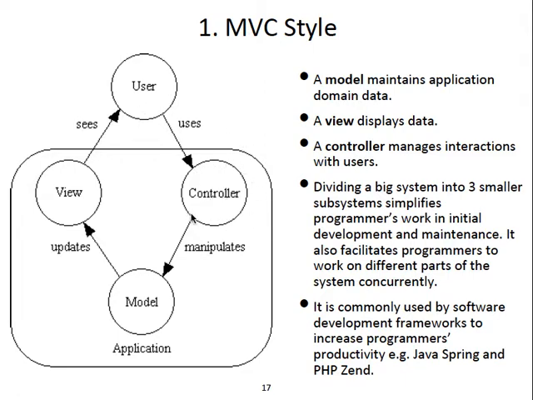The controller would manipulate the model, or the data, and then the display will be refreshed. You can follow the direction of the arrows to see how the users interact with these three main components.